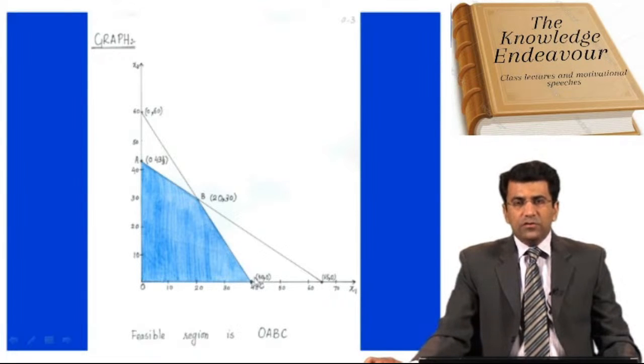Similarly, we will put the 2 points for the other constraint on this graph. This point is 40, 0, that is, the x-coordinate is 40 and the y-coordinate is 0. And the other point is where the x-coordinate is 0 and the y-coordinate is 60.